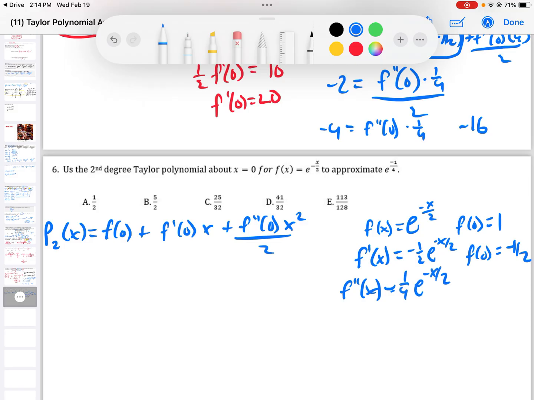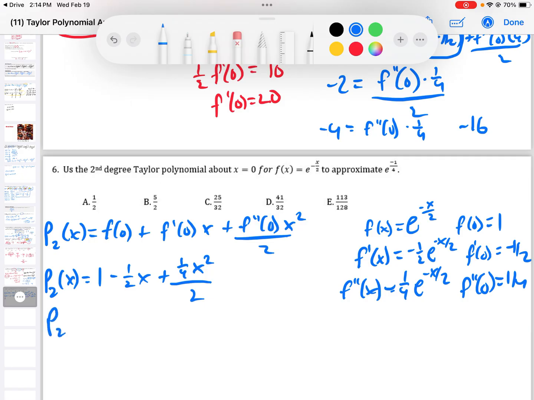Second derivative, got the chain rule in there, you get 1/4 e to the negative x over 2, so at 0 that's 1/4. All right, so the second degree Taylor polynomial would be equal to 1 minus 1/2 x plus 1/4 x squared over 2.